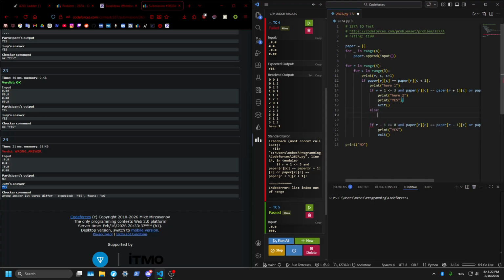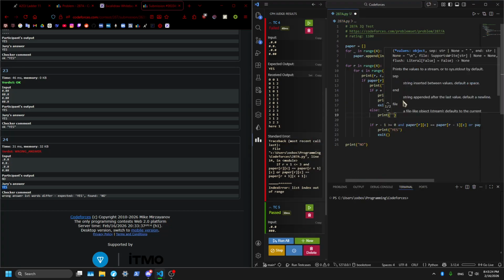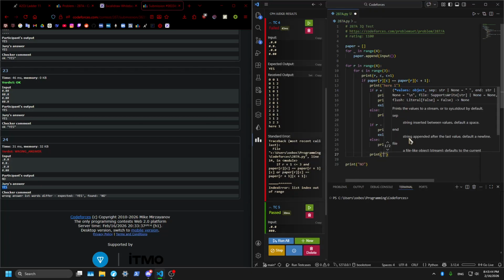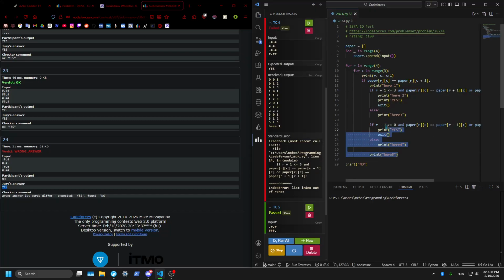Else? No. There's quality debugging right here. It doesn't hit any of these at all. It just goes here, breaks on this. Okay.